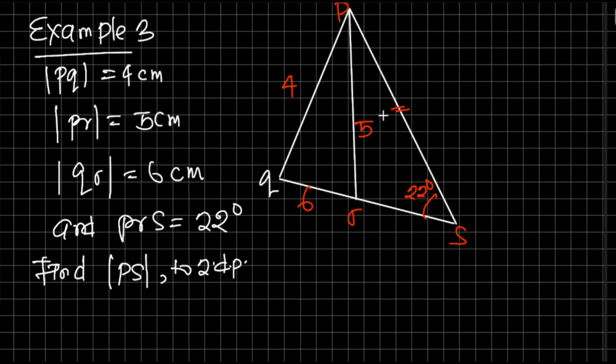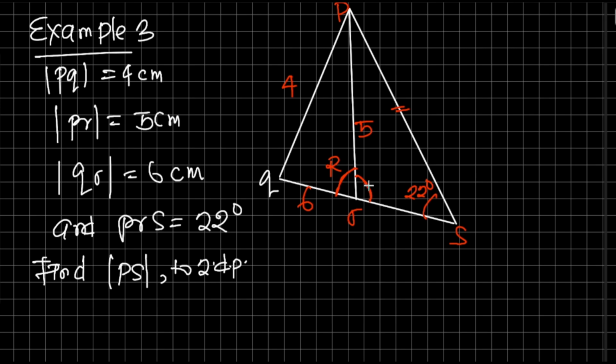So what can we do to get the side? Let's quickly study what we have. We have QR, and we have this. So what we can do is apply our formula to find this angle R. If we can get this angle R, then we can use the sum of angles in a triangle to find this angle, and then we can solve the problem from there.